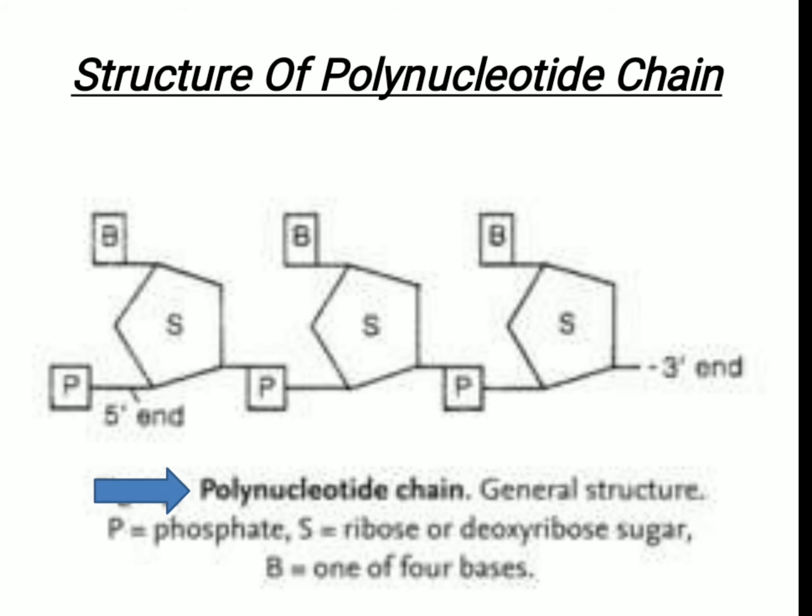Let's recapitulate it. A nucleotide has three components: a nitrogenous base, as you can see in this figure, a pentose sugar, which is ribose in case of RNA and deoxyribose in case of DNA, and a phosphate group.